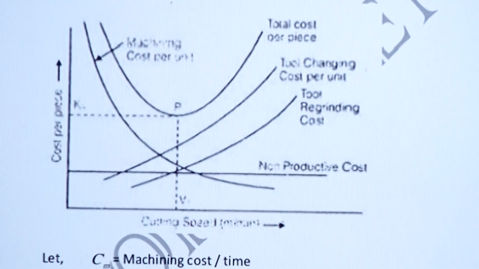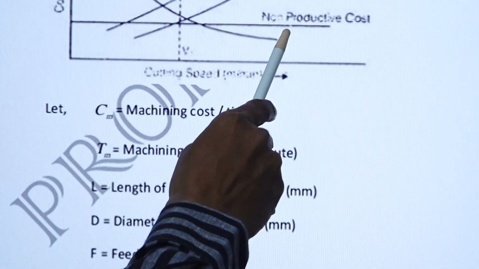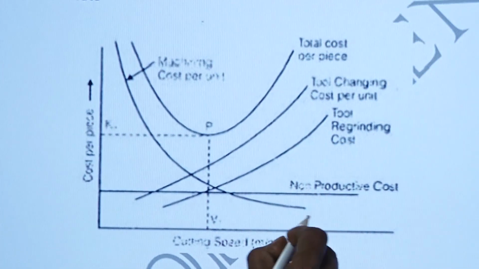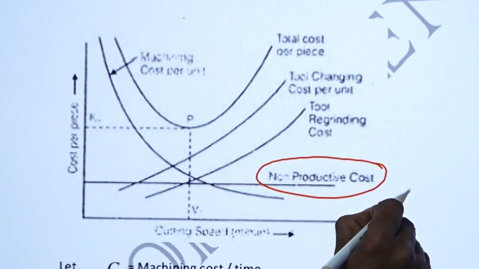Next, economics of machining. Here you have the non-productive cost, which is the fixed cost.